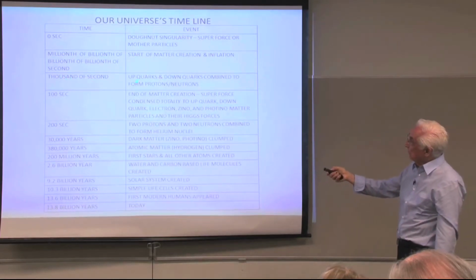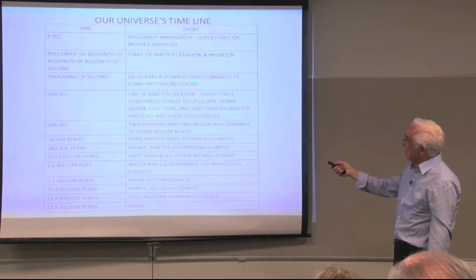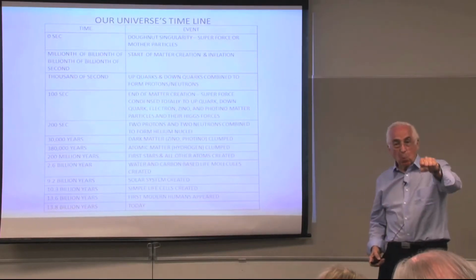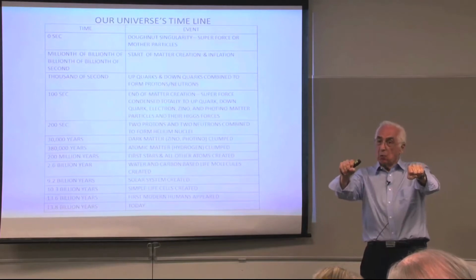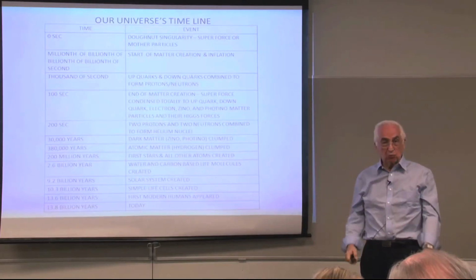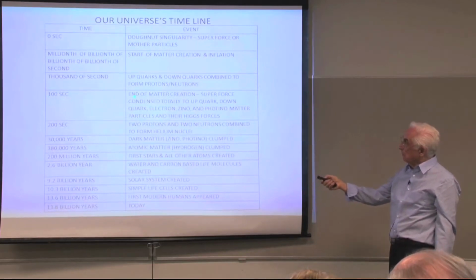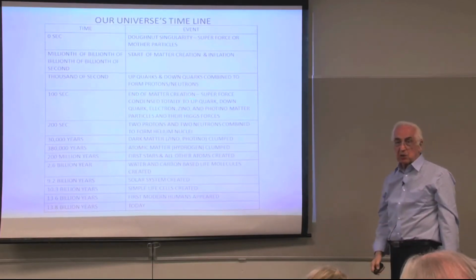Within the first thousandth of a second, two up quarks and a down quark combined to form a proton, and one up quark and two down quarks combined to form neutrons. By 100 seconds after the Big Bang, that was the end of matter creation.